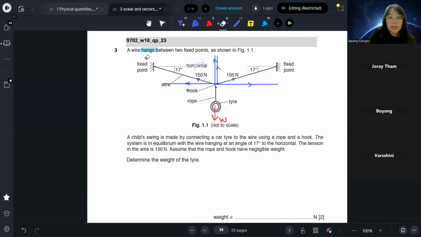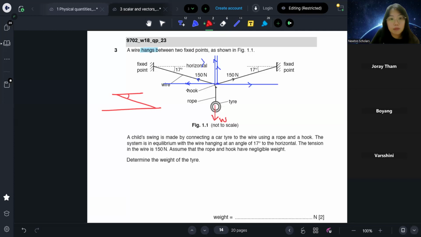Then after that, because it is hanging, that means it is not moving, it will be balanced. If it is balanced, then the weight will equal the upward force, the same magnitude. Then your mathematics is like this.